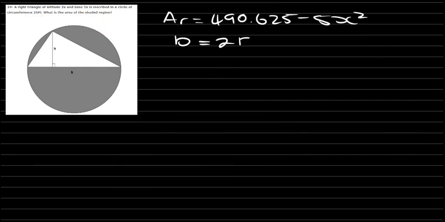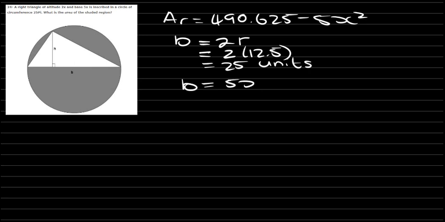So 2 times the radius, which is 12.5, equals 25 units. And we also know that the base equals 5x. So 5x equals 25. That makes x equal to 5.